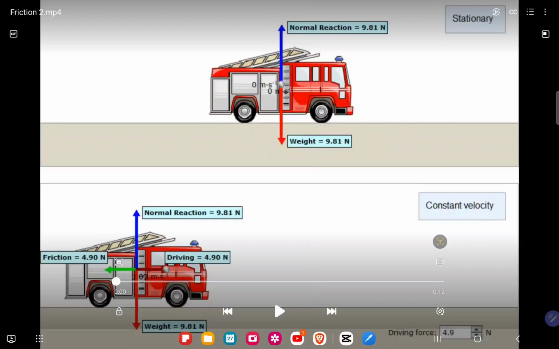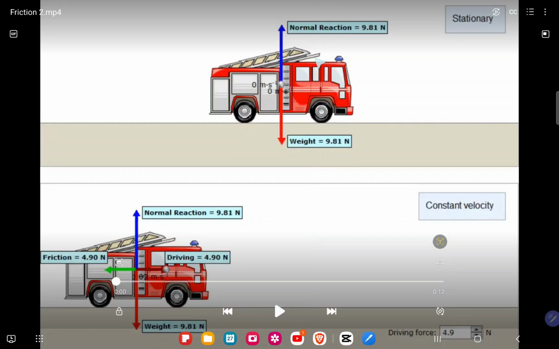In this model we have two cases. The case number 1, which is this one here, there is no driving force, which means the car here remains constant. The only forces acting on this object are the weight and the normal force.